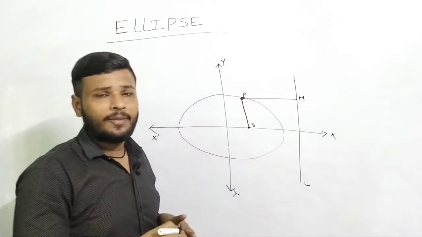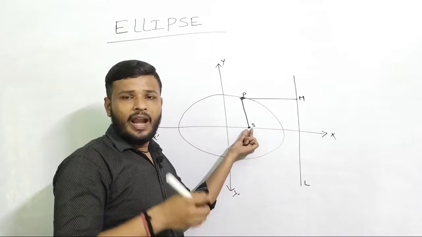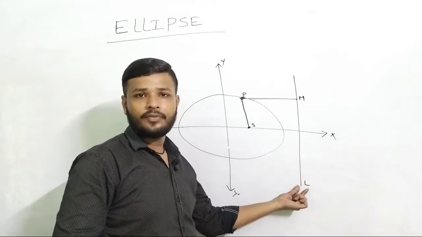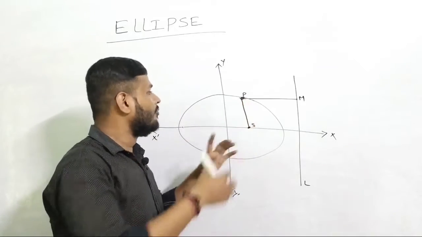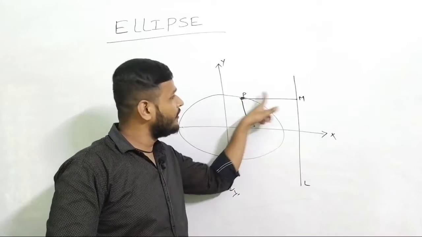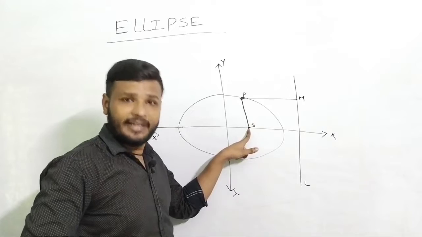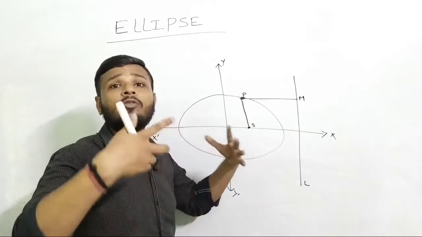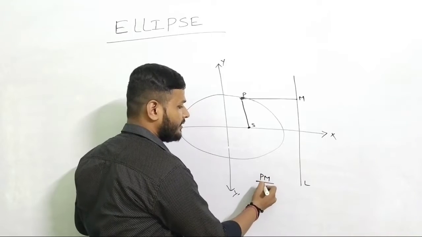We repeat it again. We consider a fixed point S and a fixed straight line L, and a movable point P. This point P moves in such a manner that the distance from the fixed line, that is PM, and the distance from the fixed point S, that is PS, bear a constant ratio, PM by PS.